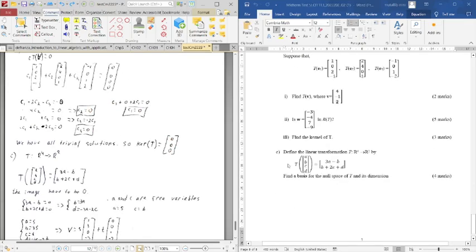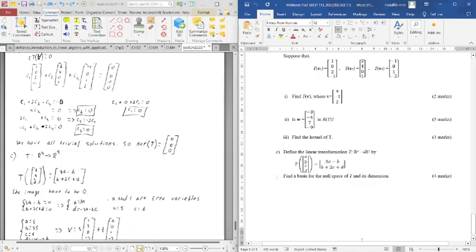For question C, we are given a linear transformation from R4 to R2. When we transform from R4 to R2, the image will be 3a minus b, and here it will be b plus 2c plus d.